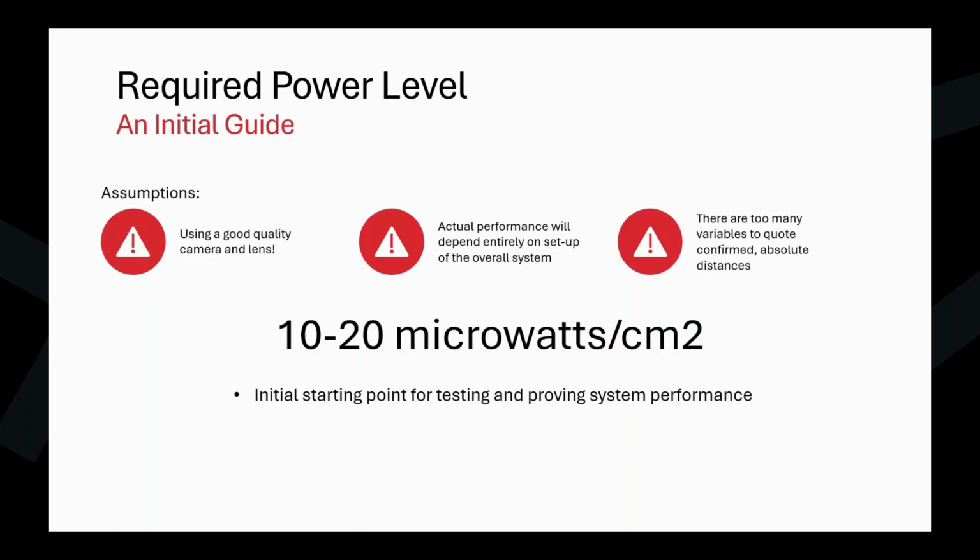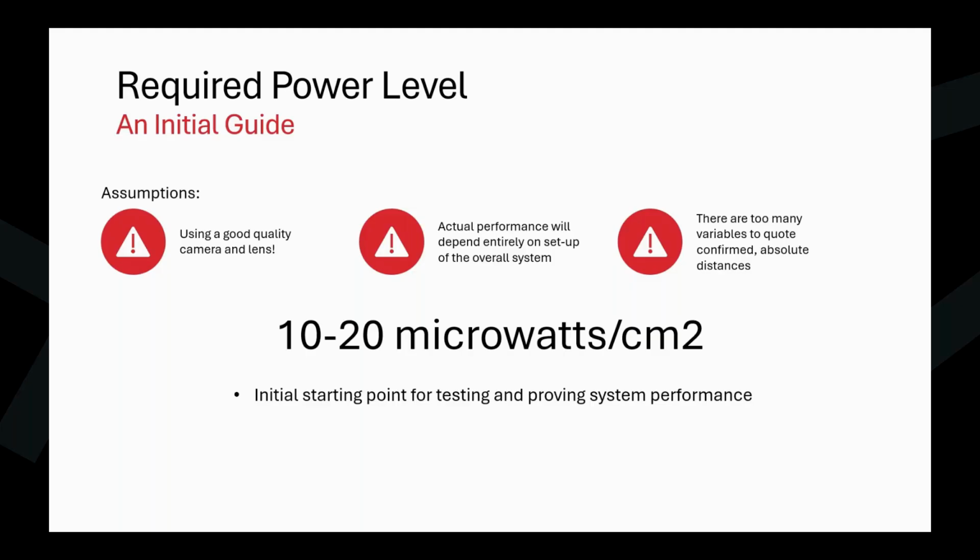Now, to put this into perspective, for a normal video surveillance system, for a security application, we would normally target a level of irradiance of 0.35 microwatts per square centimeter. So it's a considerable uplift in terms of the amount of light that we would recommend for these types of applications. How do we know this? Lots of practice, lots of testing, lots of experience, and there is a degree of theory that goes into that.